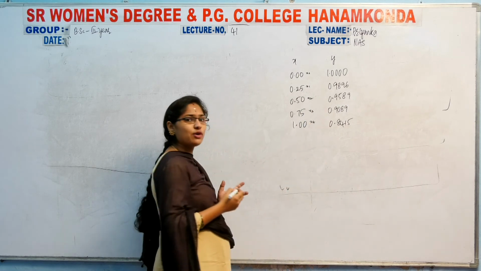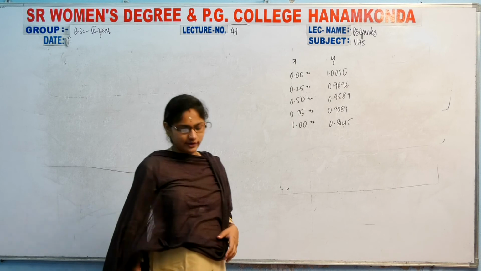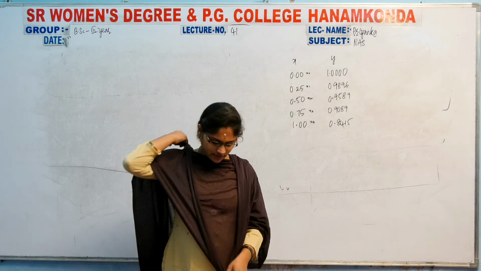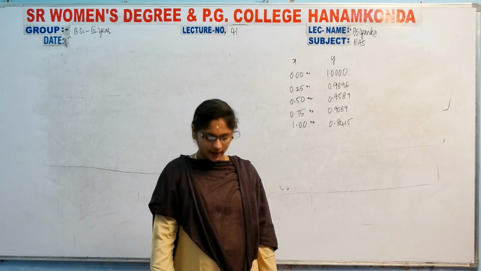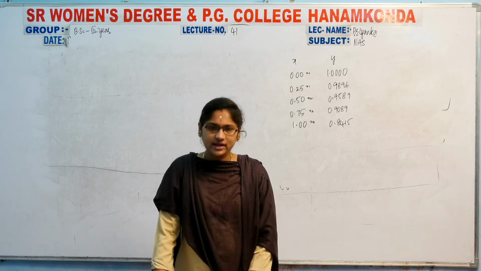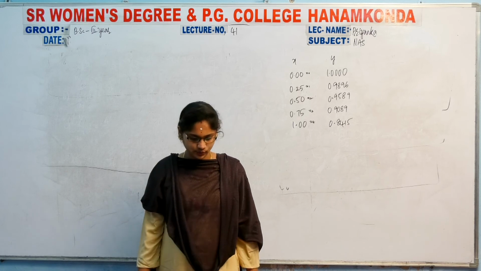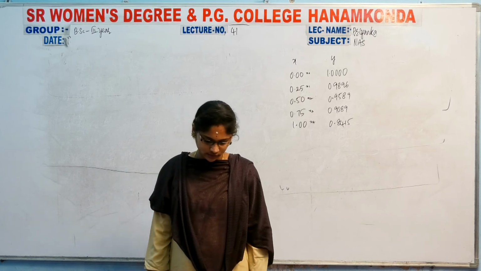What will be the value of n here? 4. So we take that and solve it simply by using Simpson's rule.